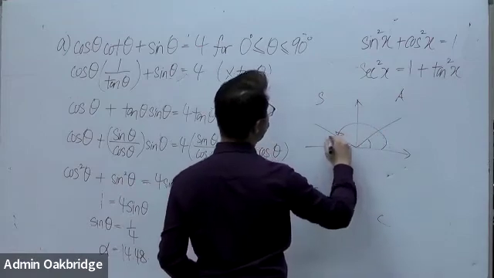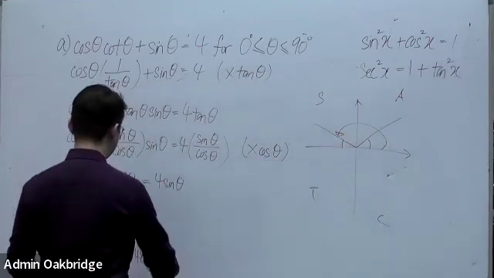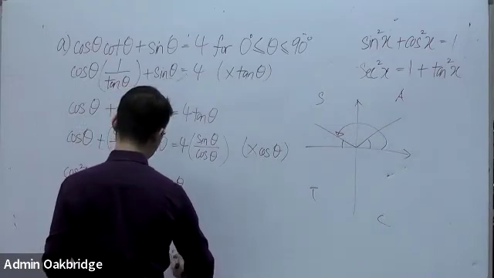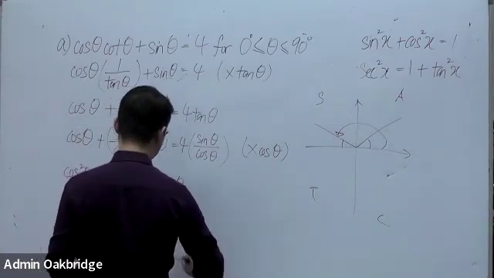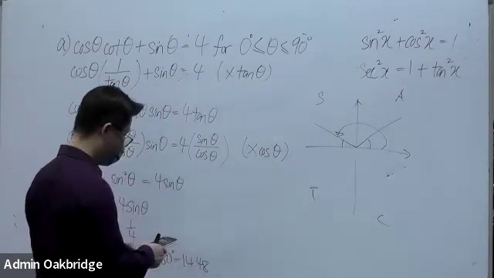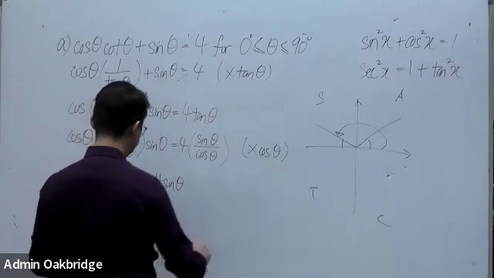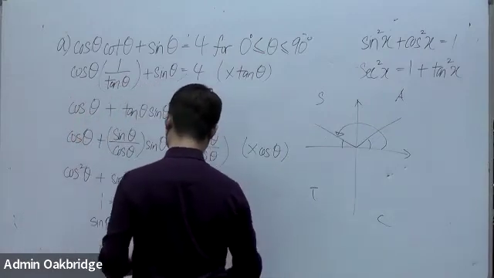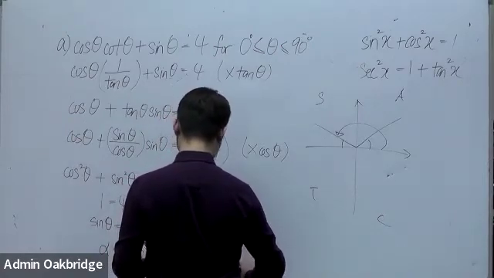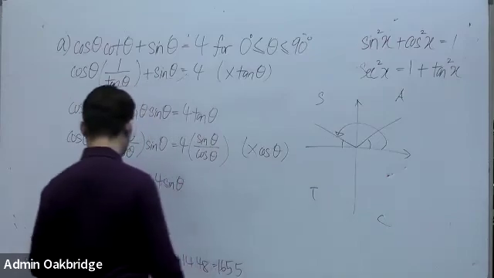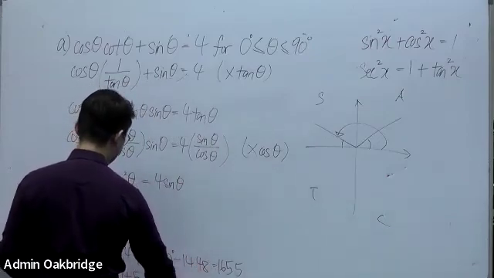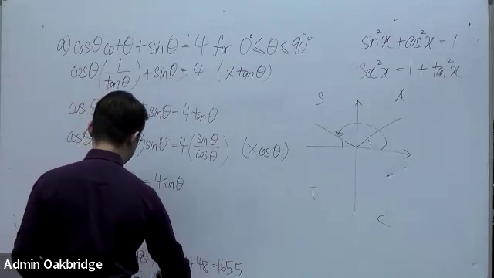So the second angle is in the second quadrant. So you take 180 minus 14.48, which is 165. So this is 14.5. Another one is 165.5.